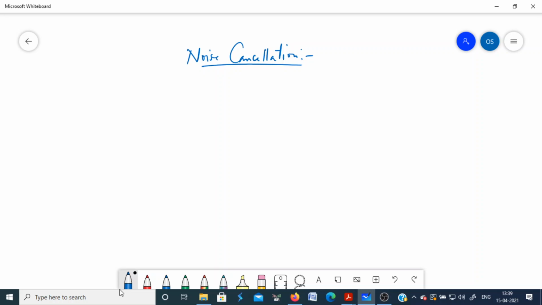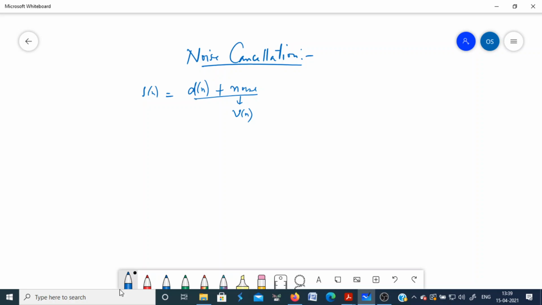Some information bearing signal, suppose dn, has some noise added to it, let us say vn, the noise component. So this is the signal sn, which is dn plus vn.